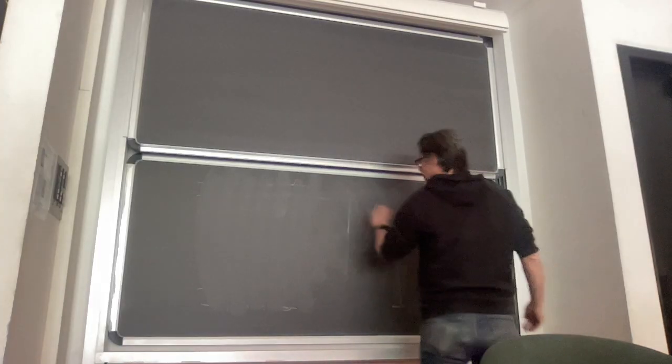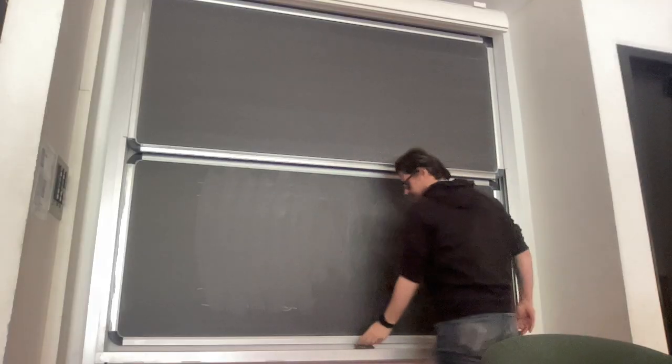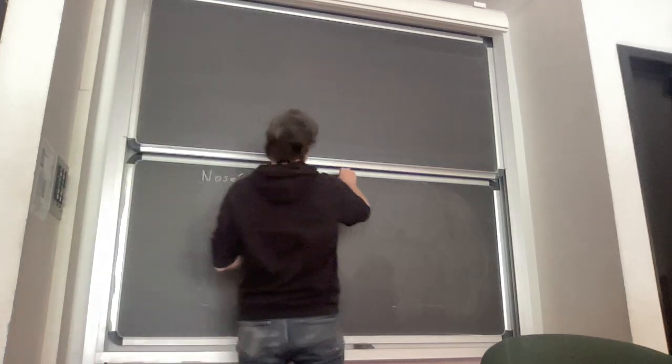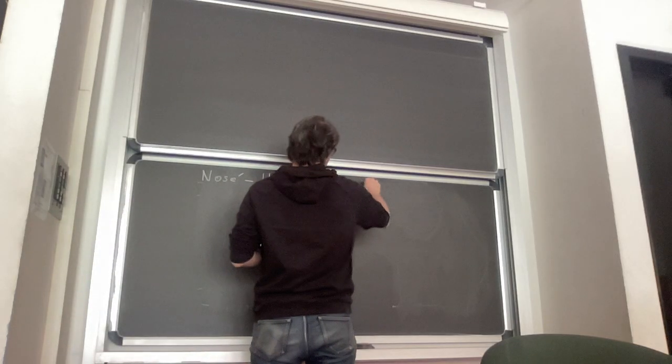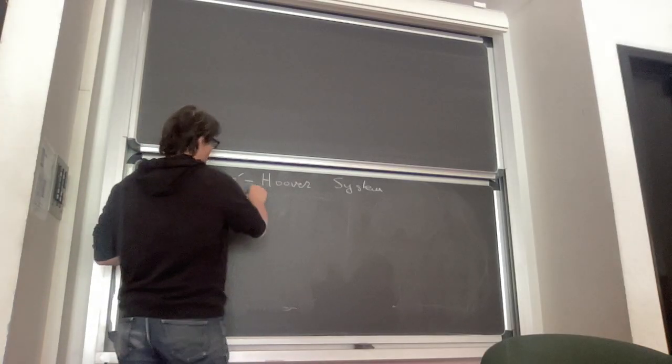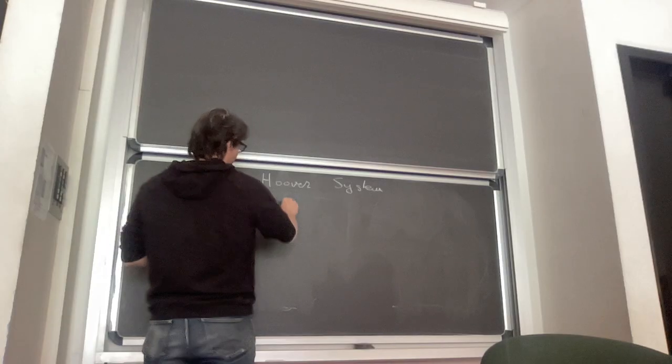So now, let's define the Nose-Hoover thermostat. We start with Nose's Hamiltonian, H_N. Nose's Hamiltonian is the physical Hamiltonian.